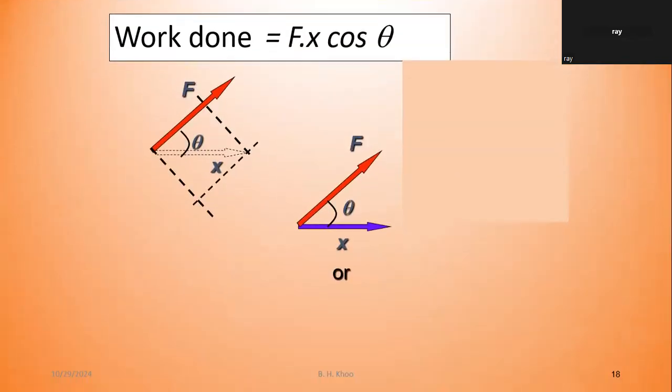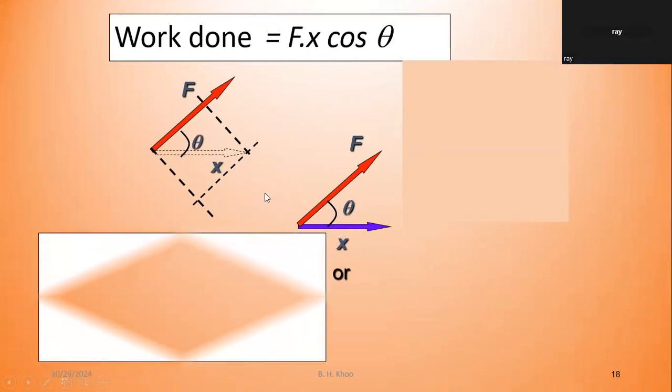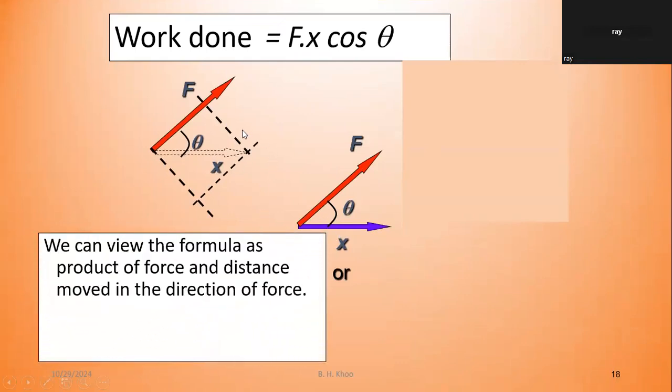Right? Either way, you can think of it like this. This is our original case: displacement, force, and that's the angle. You can view the formula as force times distance moved in the direction of the force. That means we resolve the distance moved, or the displacement, into the direction of the force, which is x cos theta.